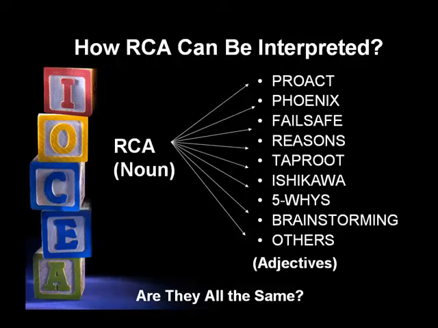However, it's when we take the shortcuts on any techniques that we start to have the problems in giving the specific brands or techniques a bad name when they simply weren't applied properly. But do they all have the capability of identifying the root causes of a particular event as opposed to the superficial causes?